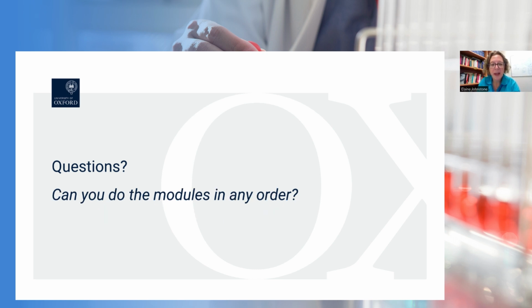Yeah, so thank you for asking about the module order. Some people like to do the modules in numerical order. I think it very much depends on the student schedule. You can do module 3, 4, 5, and 2 in any order.